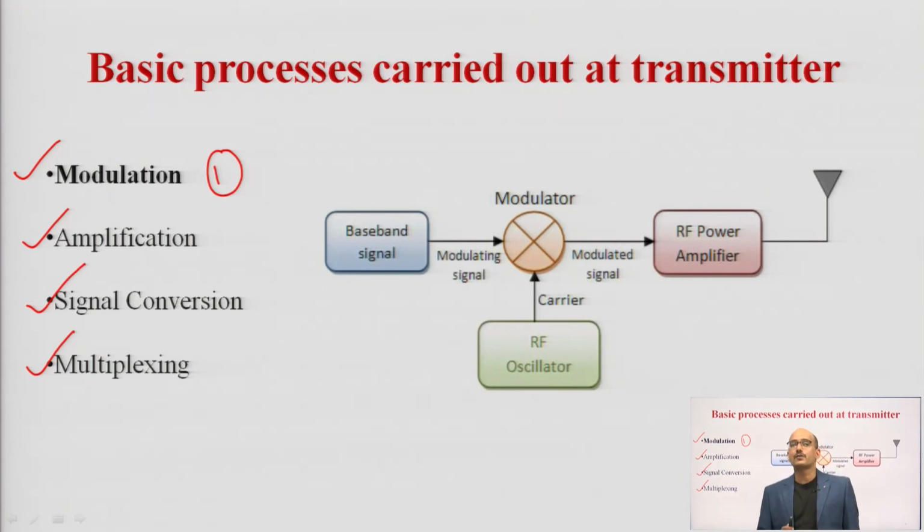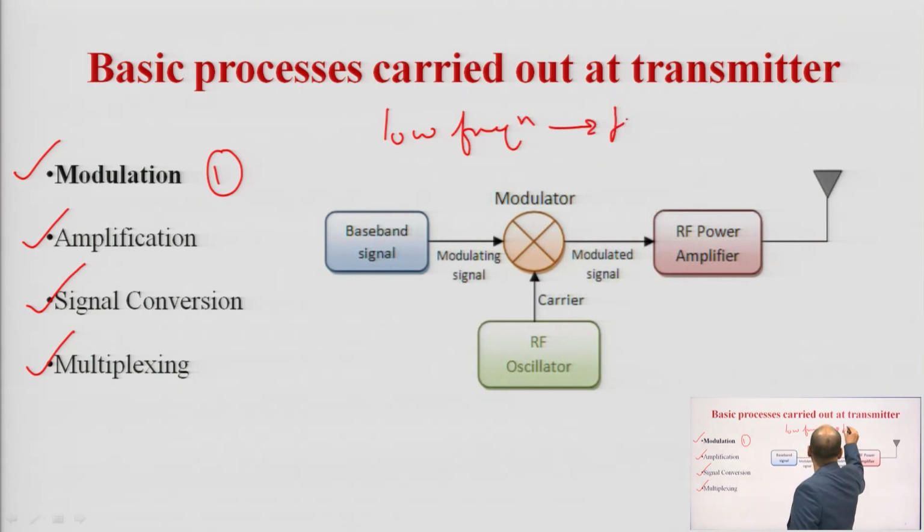Because of that low frequency it cannot travel to a distant place, and in the telemetry system it is required that you take the data at the remote location and send it to the next point. So, to convert that low frequency signal into a high frequency signal, we use modulation.